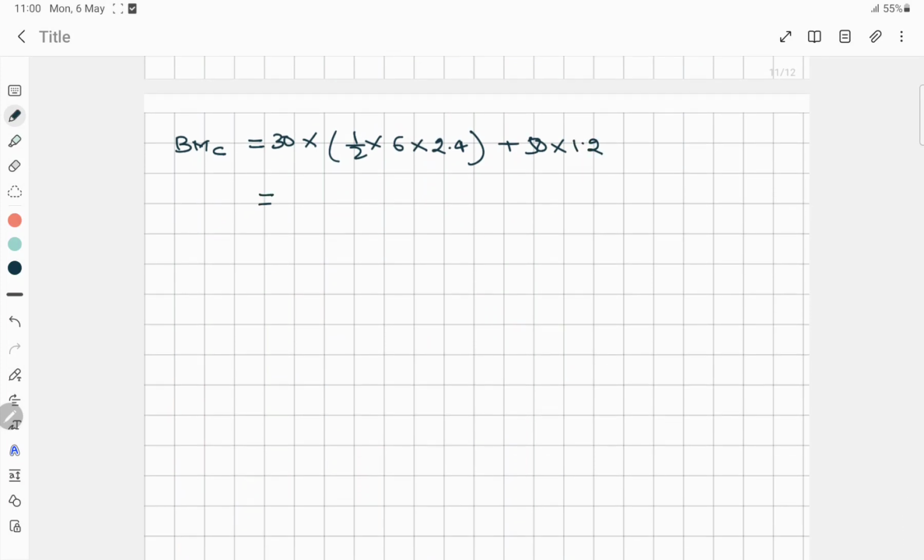So after simplifying this, we'll get the value around 276 kilonewton meter. That is the bending moment at C.